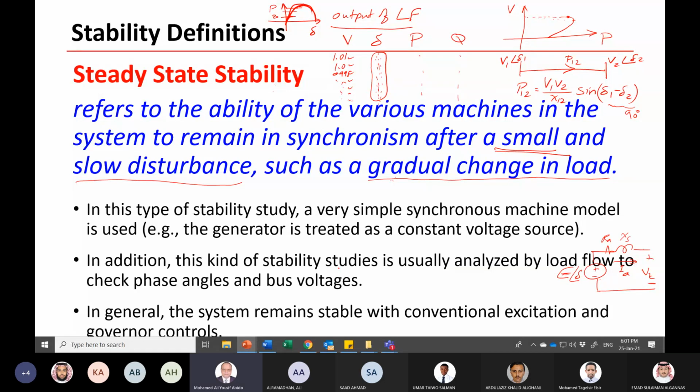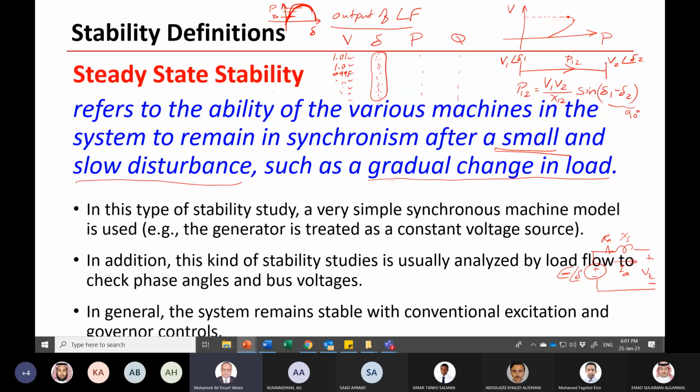You can have a directional power relay to prevent the generator from becoming a motor if it runs out of synchronism. So you need to keep your generator intact. You don't want to damage your generator.